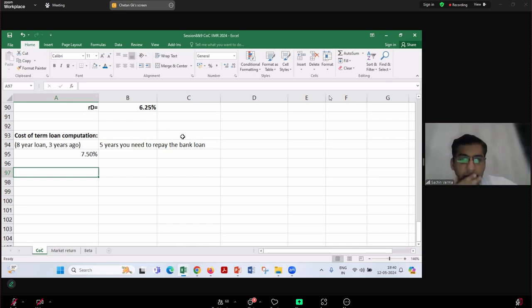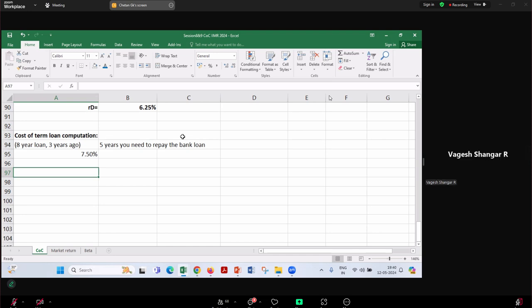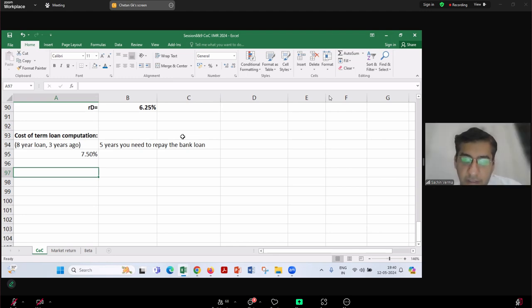Should it be the interest that we paid and the total amount of the debt of the loan? We have to multiply the loan amount and the annual interest rate. That should be a ratio of interest paid and the total loan taken, probably. But still, you'll be paying 7.5% only, right?